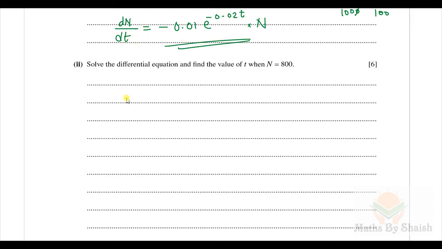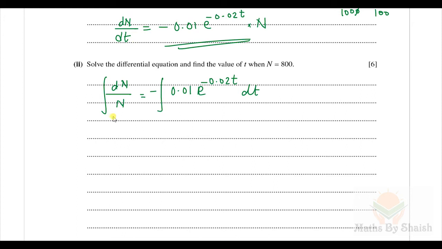From here we can write dn over n is equal to, I'll do the integration sign also, integration of minus 0.01 e raised to the power minus 0.02 t, and then dt. I transfer it to the other side.